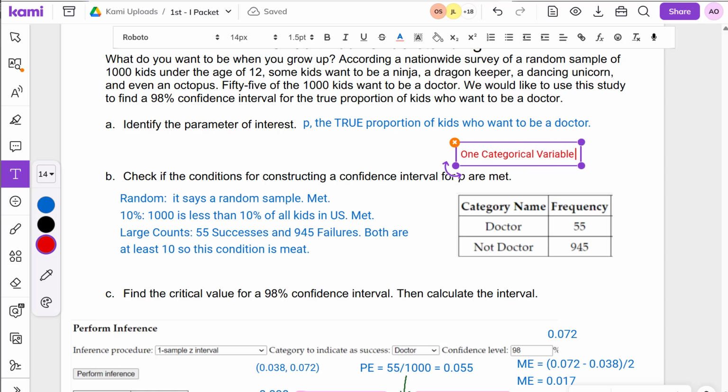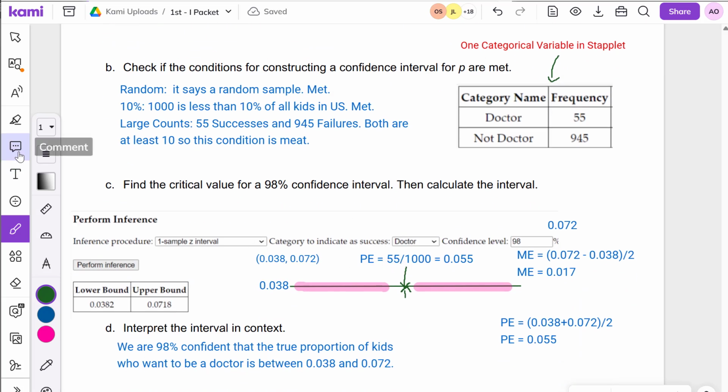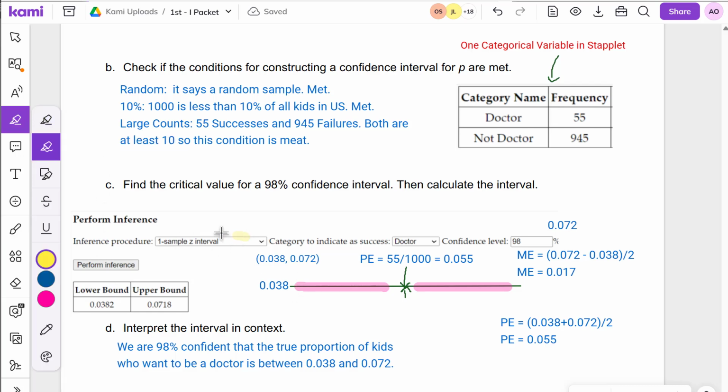All right. Thank goodness for Stapplet. So that's what you have to enter. Then you scroll down to this part right here. Make sure that you do one sample Z interval. You have doctor and 98% confidence, and it will spit out your confidence interval.